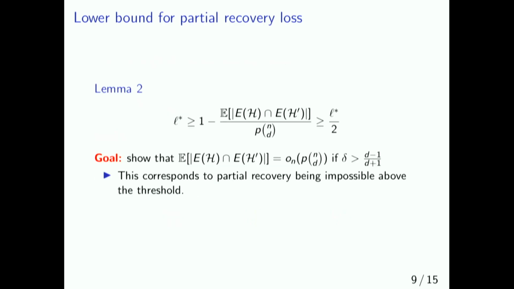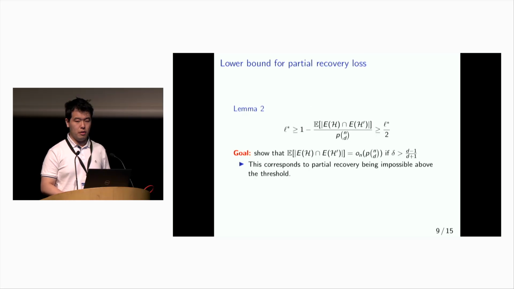So we have this result relating L star and the expected size of the intersection between the hyperedge sets of H and H prime. Now the goal becomes to show that the expected intersection between the hyperedges of H and H prime is small when we compare it to p and choose D when we are above the threshold. This would correspond to partial recovery being impossible above the threshold.